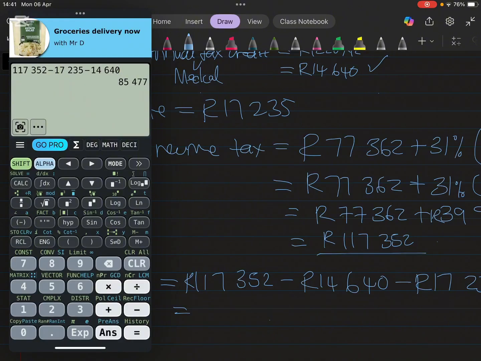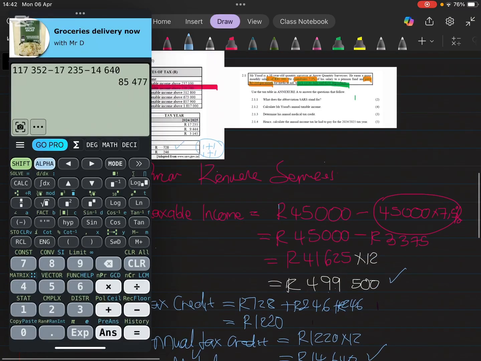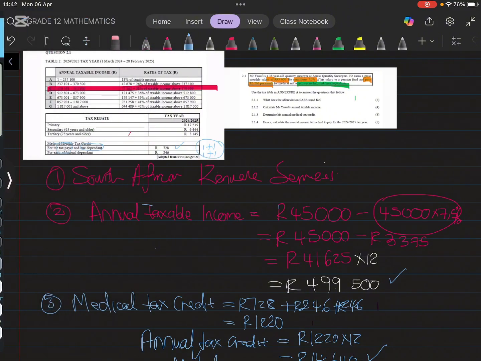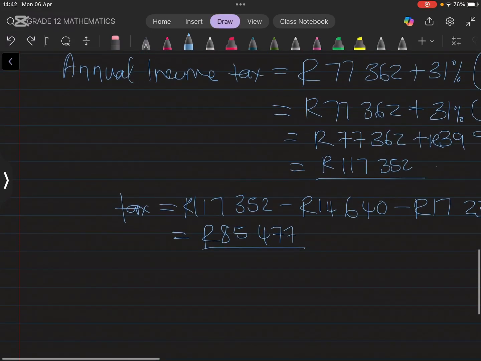That is 85,477. So this is the annual income tax that he has to pay for 2024-2025 based on the amount of money he is getting.